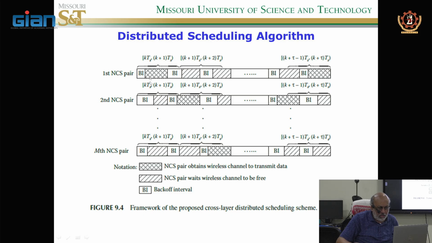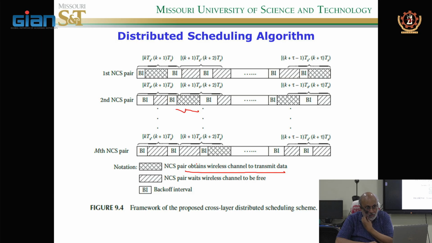This means that you are basically given the transmission. Your pair obtains the wireless channel to transmit. So it transmits and then it backs off. Then it waits for the next transmission, because here the media is busy since this second pair is transmitting, so it cannot transmit at the same time. See that? Same time. So it has to back off. So this is how you have a schedule and only one of them will be transmitting.